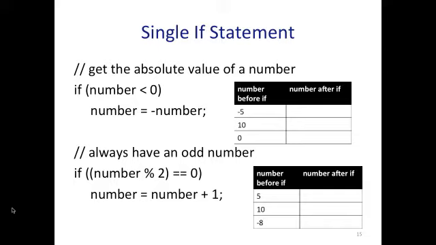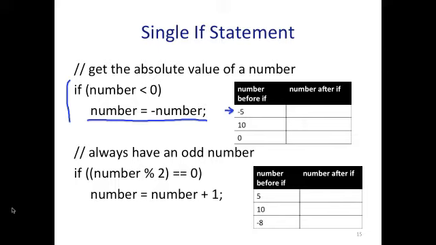That is, I want to make sure that the number is positive. So if the number comes in as negative, like -5, I want to convert it to a positive 5. And that's what this statement does. Since -5 is less than 0, the expression is true, and I evaluate this statement right here.